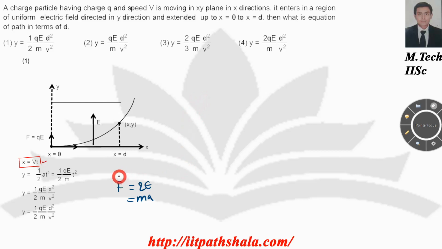So force is nothing but qE, where q is the charge of the particle and E is the field, and it is equal to m into a by Newton's law. So a comes out to be qE by m, in the y direction.